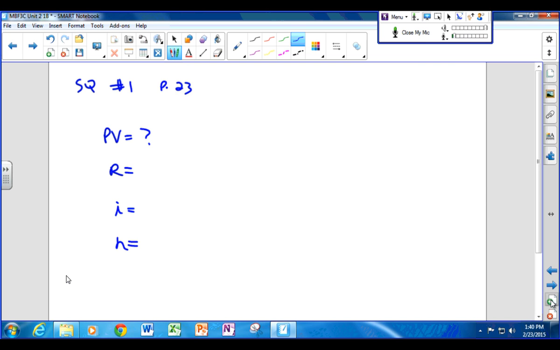The R, the monthly payment, is $68 a month. The interest rate is going to be 10.5%. Now remember, if it's 10 or more, then you're not going to have that leading zero. Now, what's the compounding?